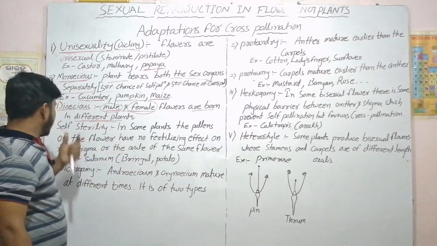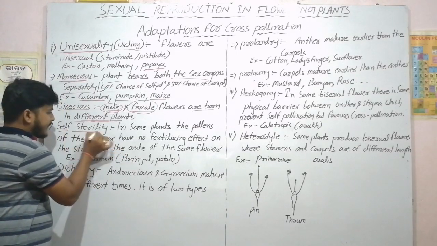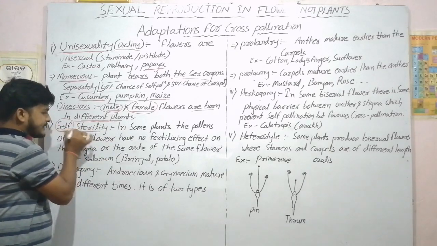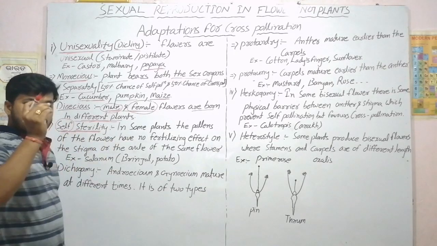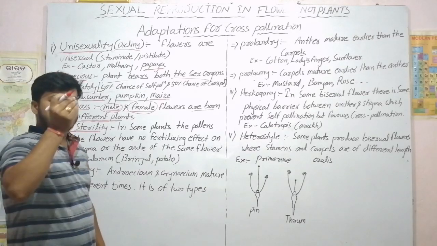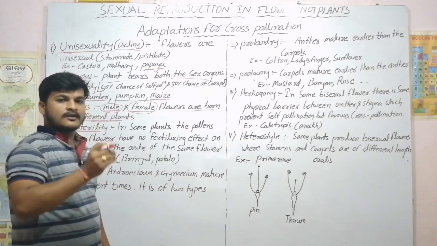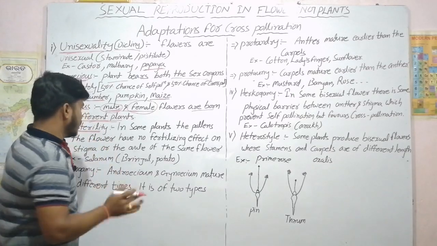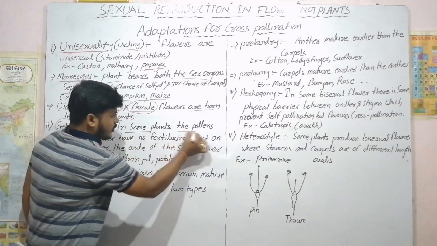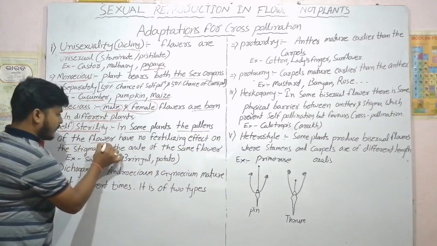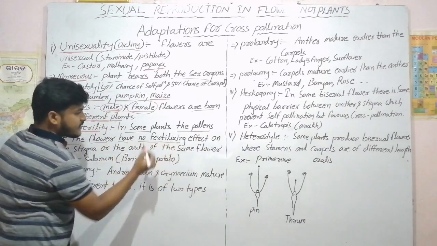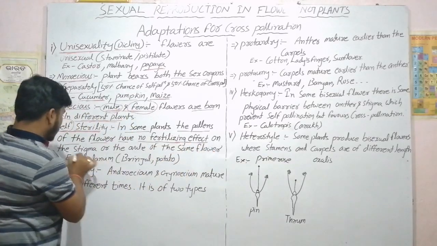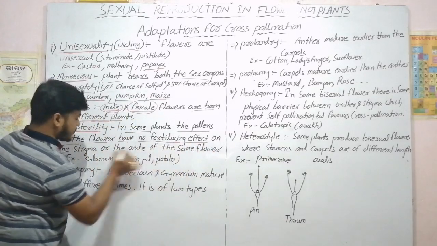Next, self-sterility. The term tells you that the flower itself is sterile. That means the pollen grains are not able to fertilize in the same flower, so bisexual conditions do not occur here. In some plants, the pollen of the flower has no fertilizing effect on the stigma or the ovule of the same flower.